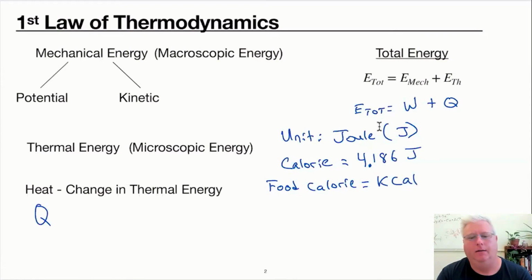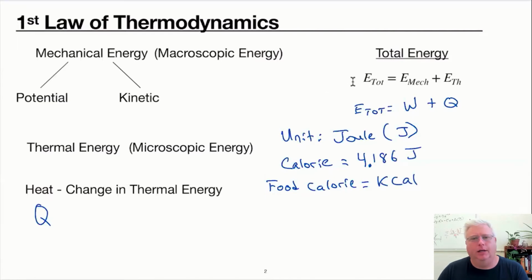Those are the kilocalories. So that's what that means. And the SI unit of energy, of heat energy, since it's a type of energy, is still going to be the joule.